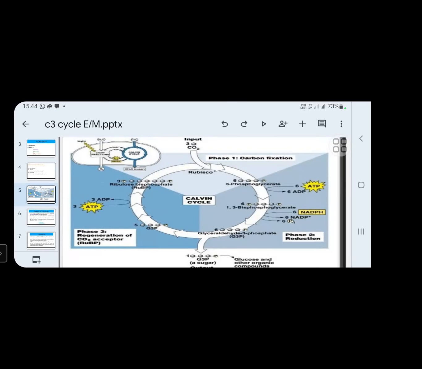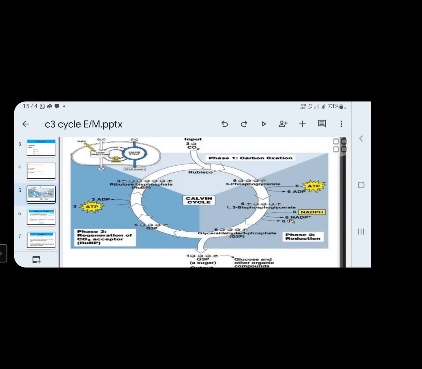So, okay, in the reduction phase, almost 6 ATPs are utilized, and 12 NADPHs. The 12 number will be utilized in the reduction phase, and finally the remaining 6 ATPs are utilized in the last RUBP regeneration phase.